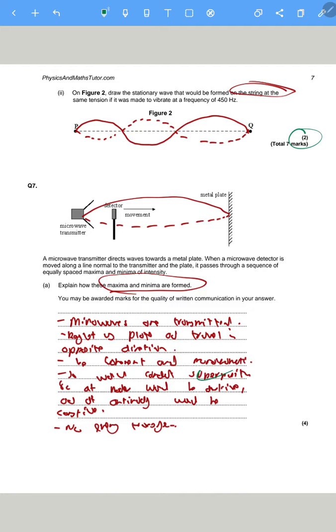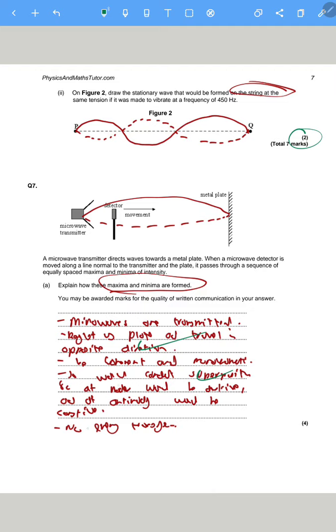So superposition. Reflection from metal plates. Microwaves are transmitted. Plates travel in opposite directions. Yep, traveling in opposite directions. Maxima is constructive, minima is destructive. And nodes and antinodes.